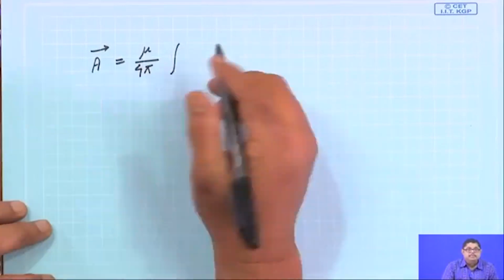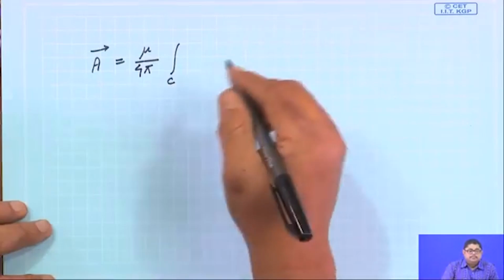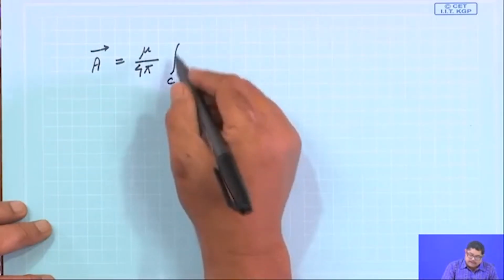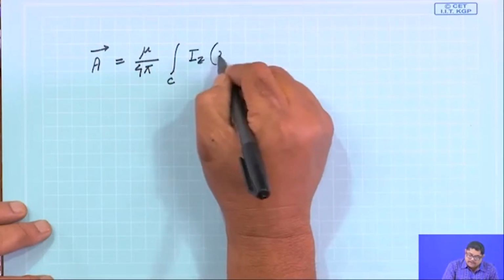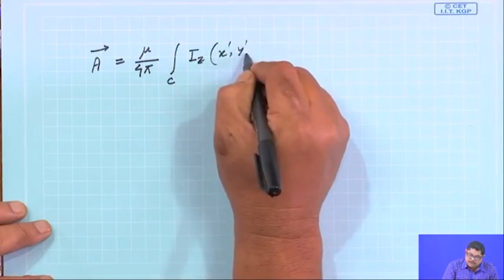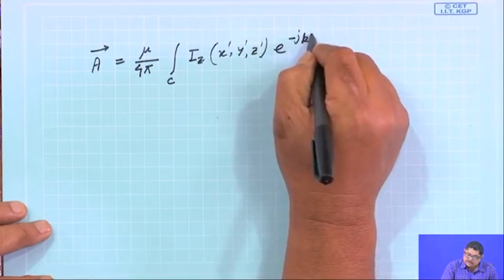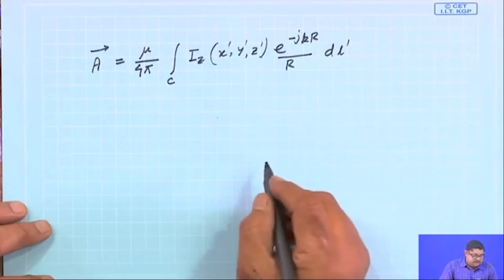In the previous lecture we found that if I have only a linear current, then it is a contour integral of I(x dashed, y dashed, z dashed) e to the power minus j k r by r dl dashed.